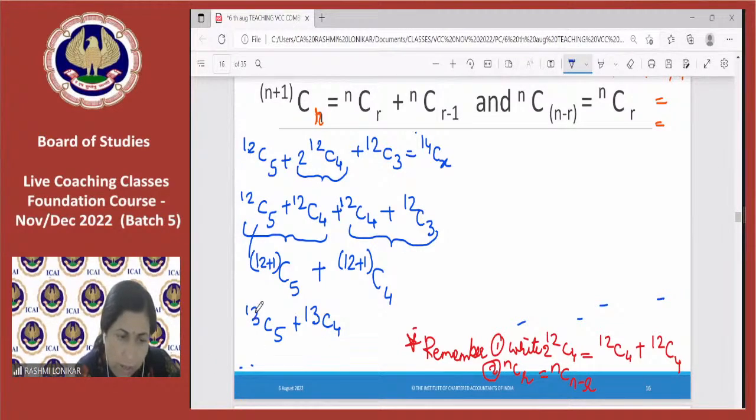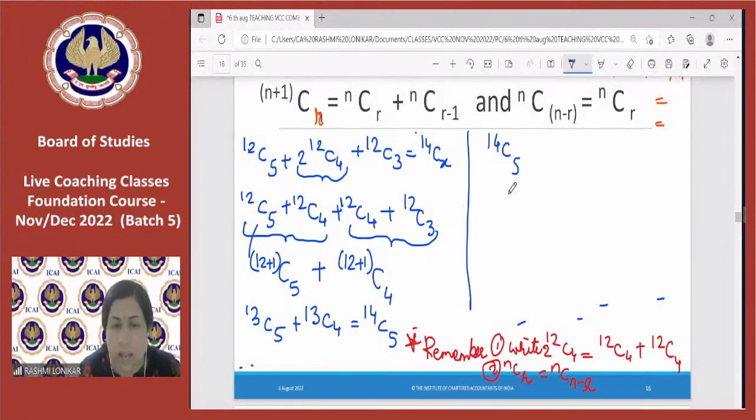So this will be equal to N plus 1, 14C5. This is what I get after solving all this. And what is on the RHS? RHS says this is equal to 14CX. So I have X to be equal to 5.